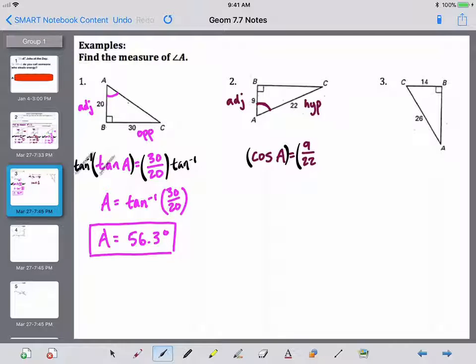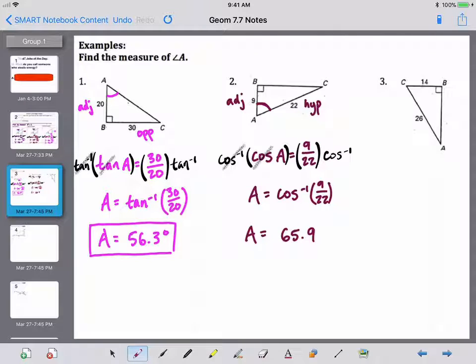Well, we're going to take the inverse cosine, and that's going to cancel out. And we'll be left with the angle of A being the cosine inverse of 9/22. So if you plug cosine inverse of 9 divided by 22 into a calculator, you should end up with 65.9 degrees.